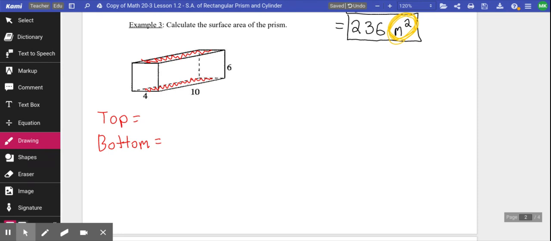Let's say it's 10, 4, and 6 somethings. So if I'm looking at this, the bottom, I want to do length times width. That's 4 times 10. It's hard to see, but that is a rectangle down there. So we're going to do 4 times 10. That would give me 40 and 40.